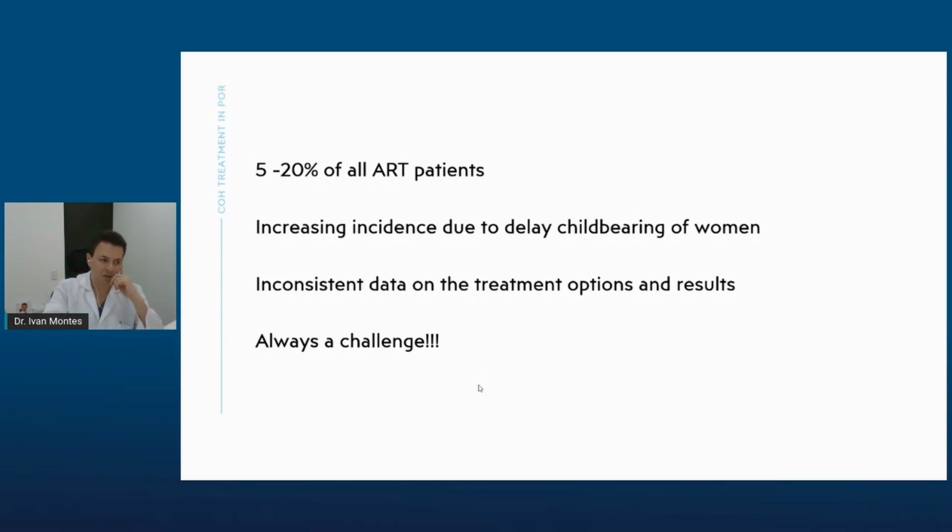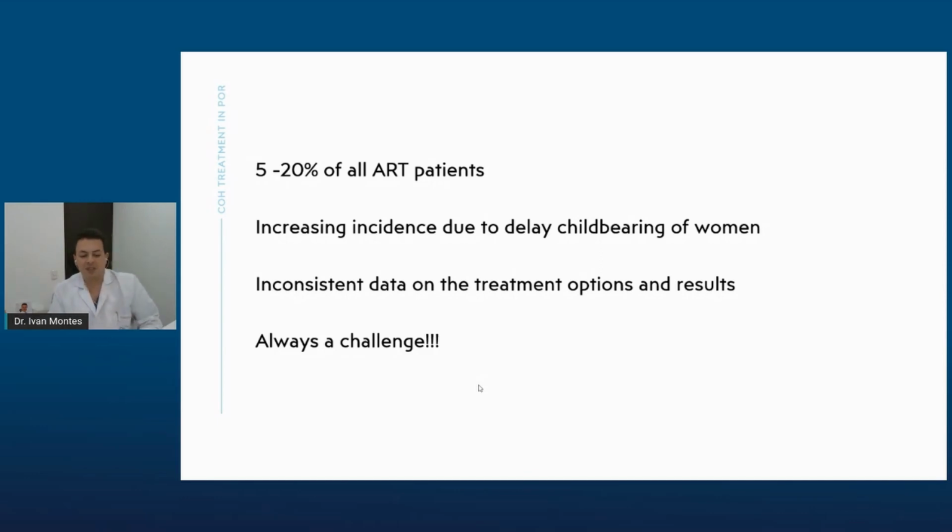Depending on the article or the literature that you read, you're going to find that between 5 to 20% of all our patients are related to this type of diagnosis. And the incidence is only going to increase with time because of the social delay of women's childbearing.